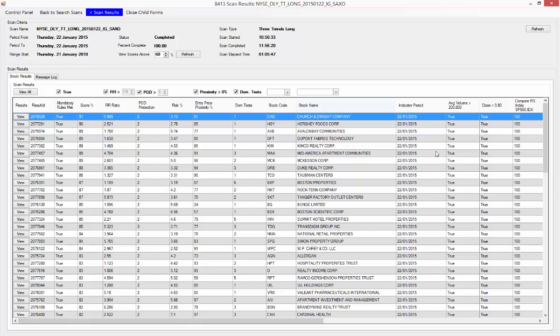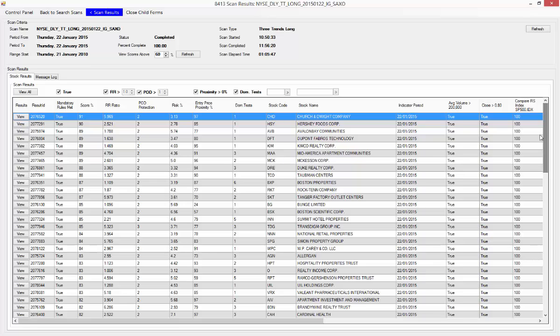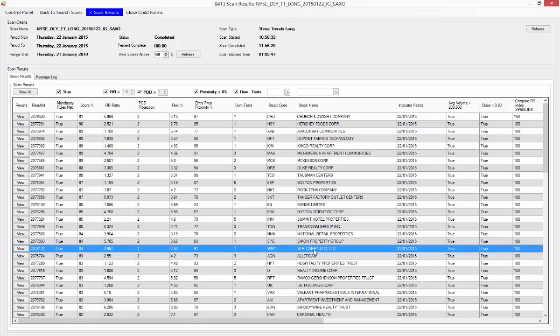Now, this is still a list that's quite long, and I'm going to focus on a particular trade today. The stock that I'm going to have a look at is WPC, which is WP Carey & Co. Not because it's the best stock in my opinion, but because it has some interesting areas that are good for this presentation.